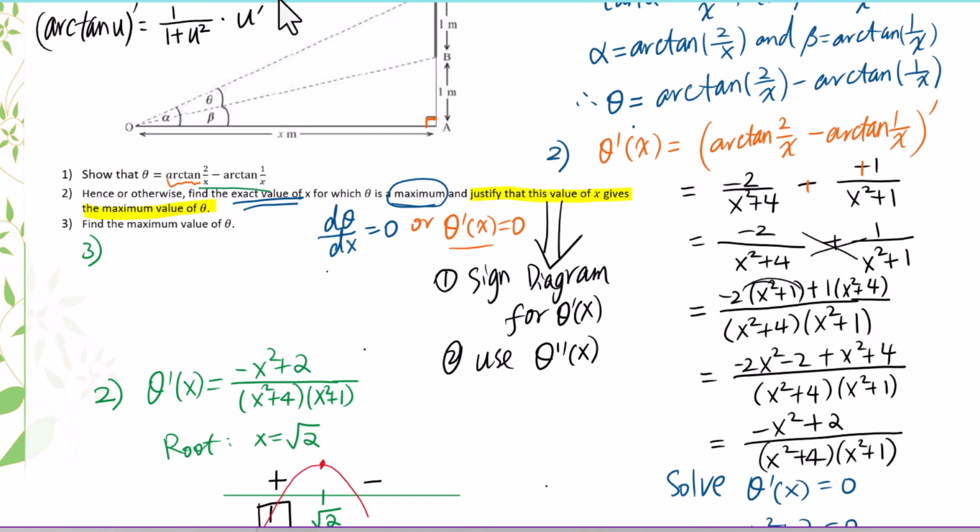Since we already figured out theta has a maximum value when x equals square root of 2, we just need to substitute the square root of 2 into this function.